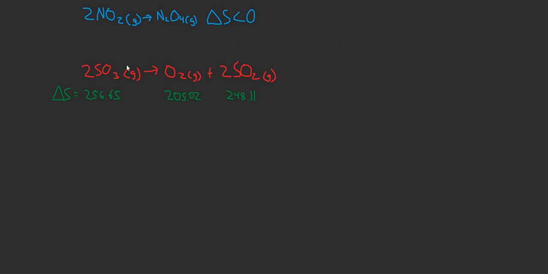With that aside, we can now go ahead and set this up. So if you remember how we calculated delta H of a reaction, we're going to use the same approach with delta S. And so your delta S of the reaction is going to equal the sum of the n products minus the sum of the n reactants.